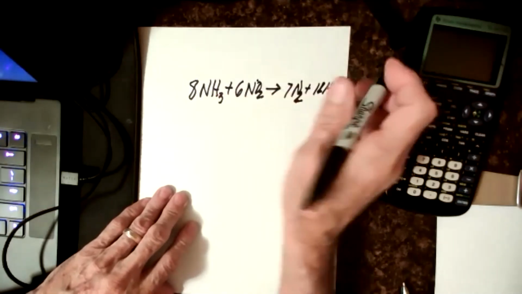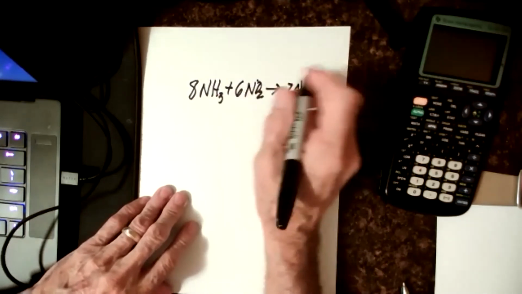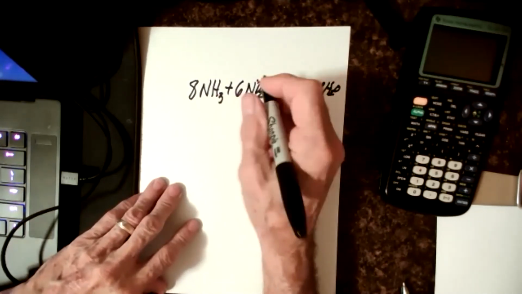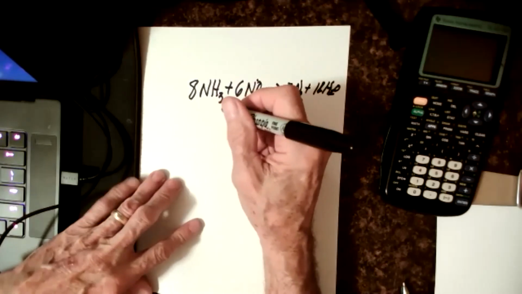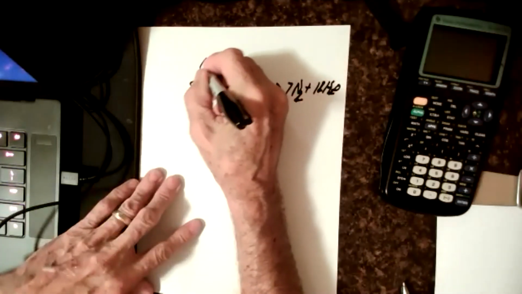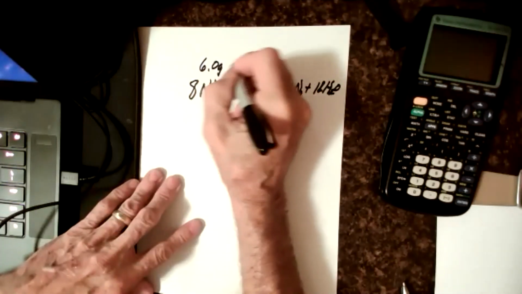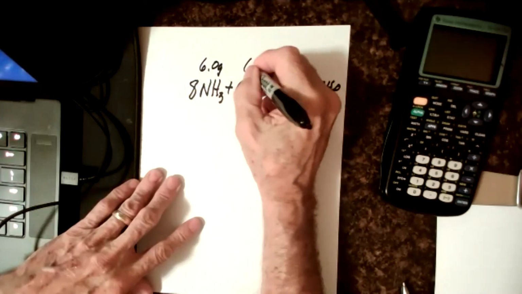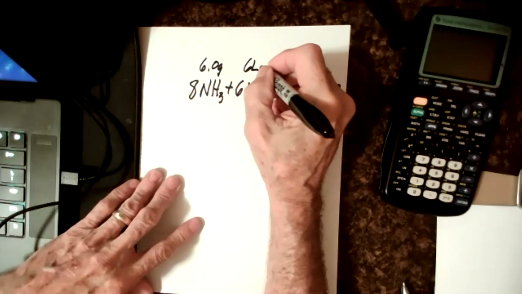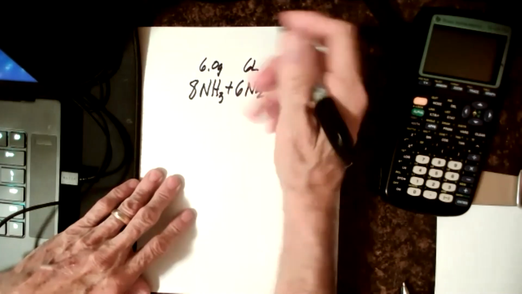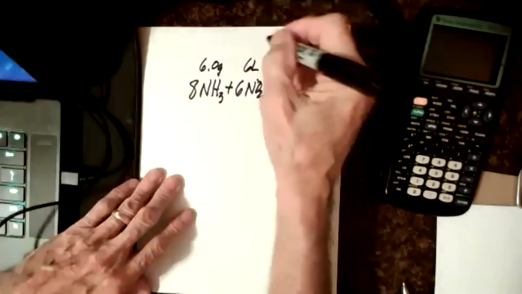And I did put the state subscripts on them, but they're all gases, so we'll just make sure that we did notice that. We're going to put in 6 grams of ammonia and 6 liters of NO2 at 740.